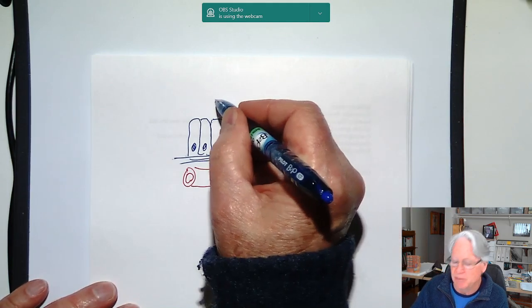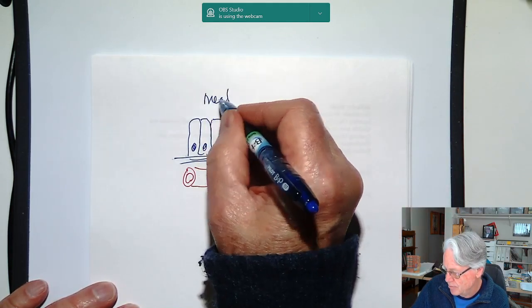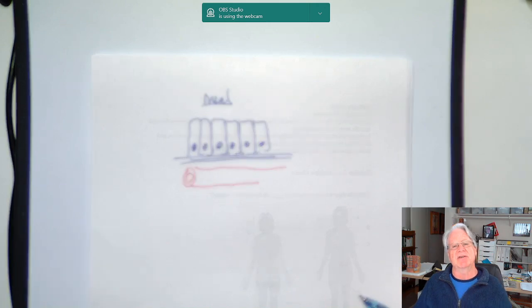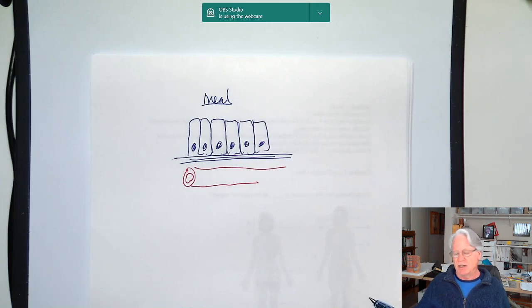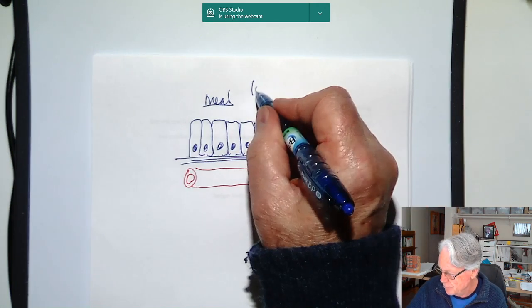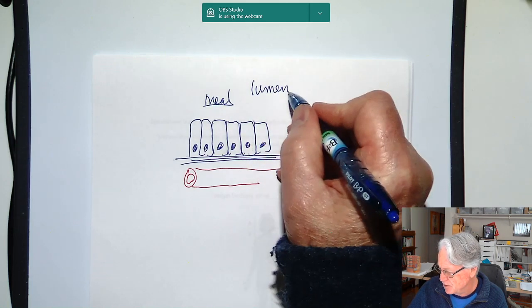And out here is my meal. All the nutrients and everything that we want to take in are sitting out there in the lumen of the stomach.